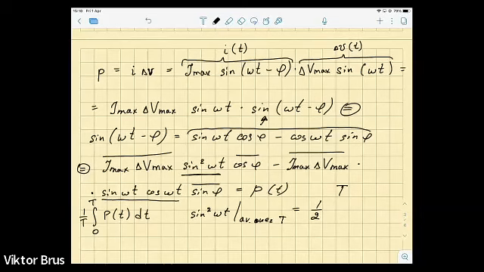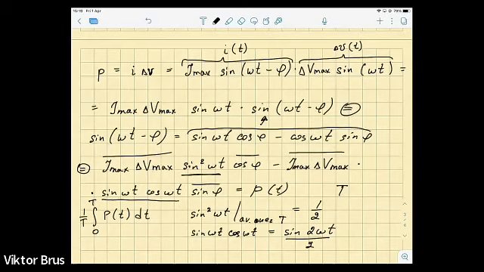It is possible to express sine omega t times cosine omega t as sine 2 omega t divided by 2.